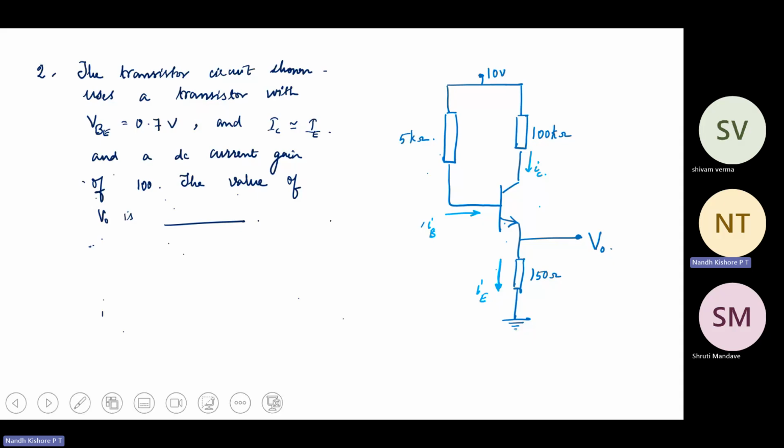All right. So you know that from this figure, V naught is equal to IE, or in this case, IE into 150 ohms, because RE is 150 ohms. So IE into 150.